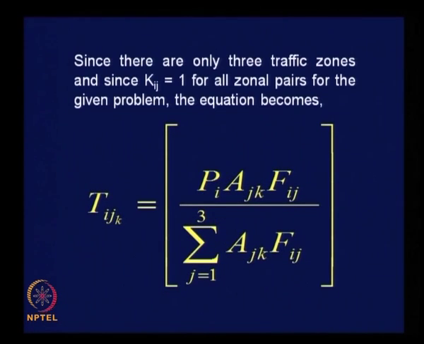We can write Tijk to be simply equal to Pi Ajk Fij divided by sigma j is equal to 1 to 3 Ajk Fij. Now we have been given the values of Pi, Aj as well as Fij. Friction factor values are also given, right, and we need to work out only Tij values. Clear? Simply substitute the corresponding values in this equation.